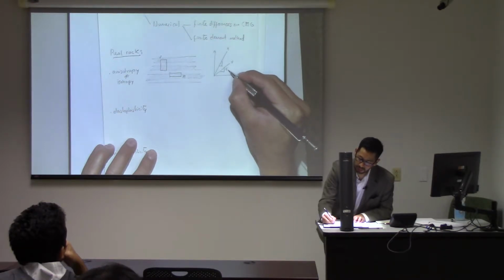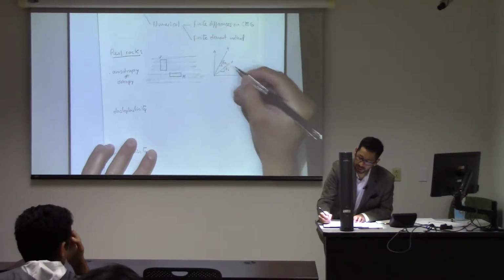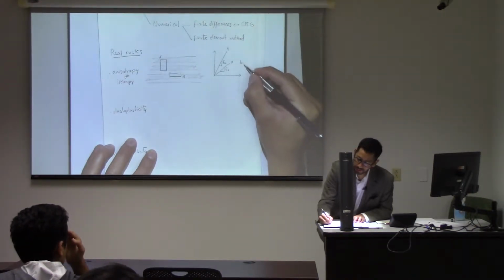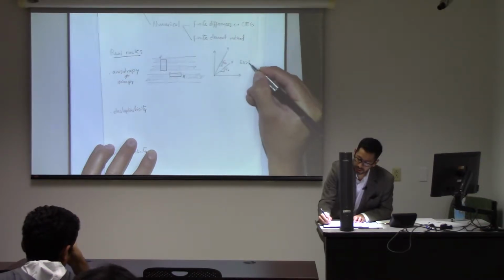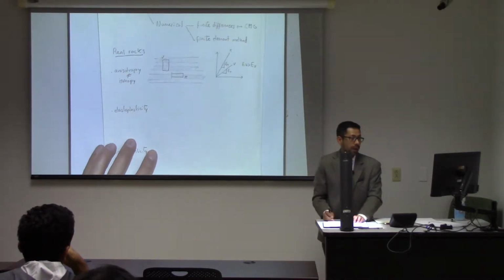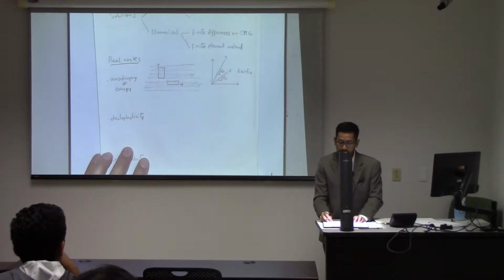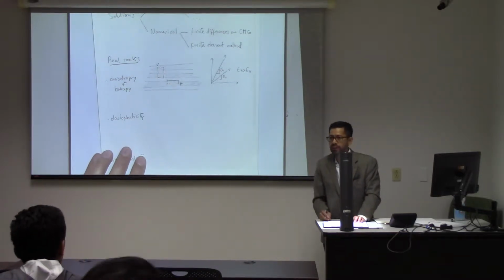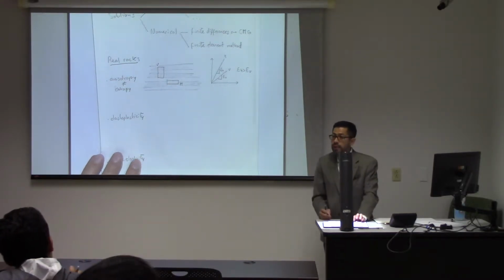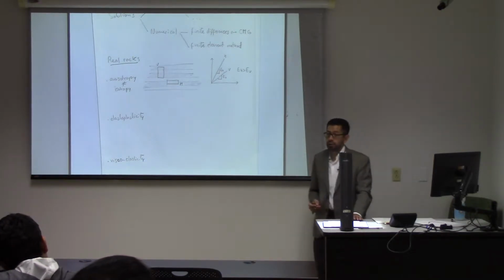So this one is going to be EV, this is going to be EH, and usually EH, the Young modulus, is higher than the modulus measured in the vertical direction. So that's called anisotropy.